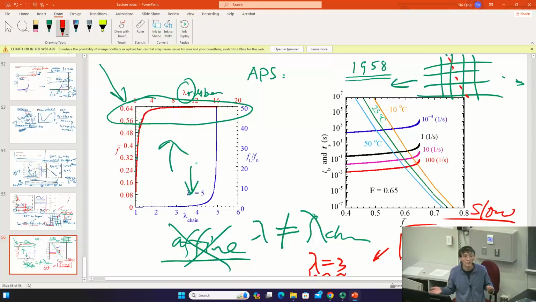It only took me 2 seconds to reach 0.5. At that time, my bond lifetime is a minute. It's still happily living. So what? Then what?